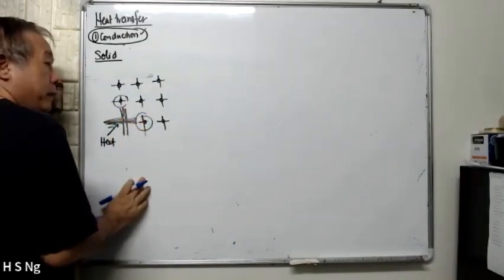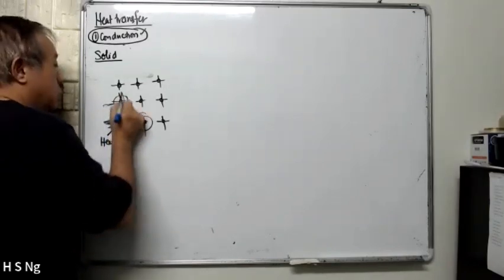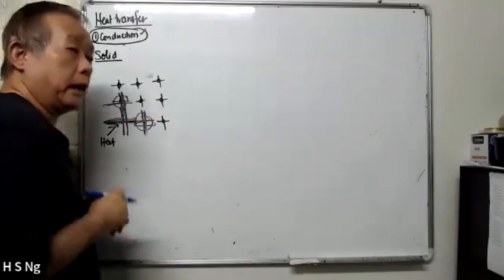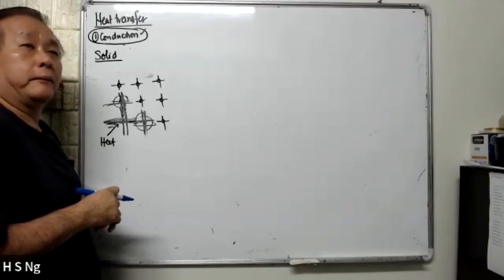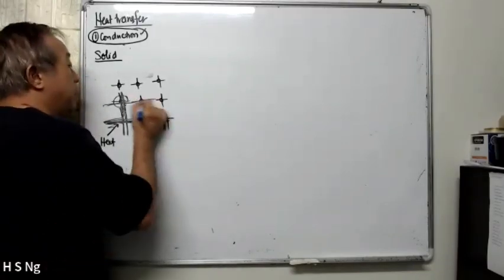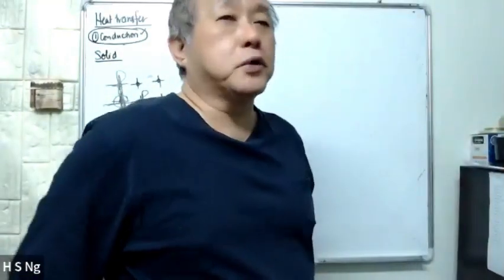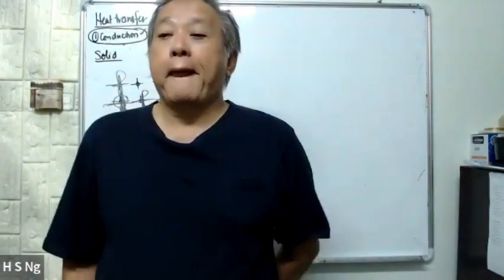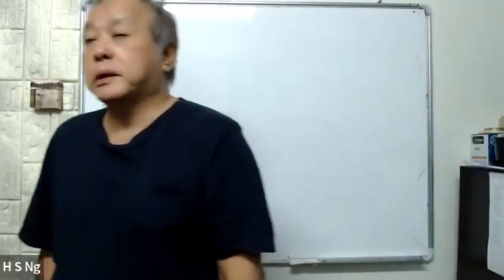Once they collide with the neighbor, they transfer energy to the neighbor. So the neighbor also will get an increase in kinetic energy and vibrate with bigger amplitude. And this will continue. They will knock the other neighbor. By means of molecular collision, the heat travels from one section to another section of a solid. So make sure to explain this, that's quite important.